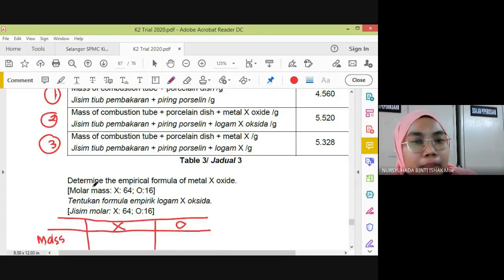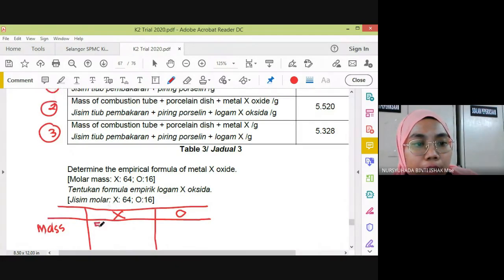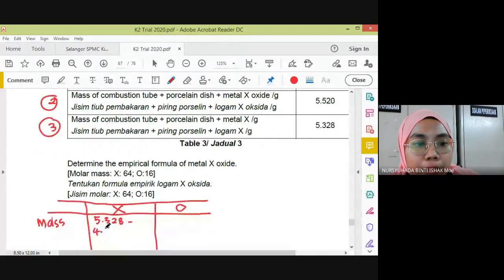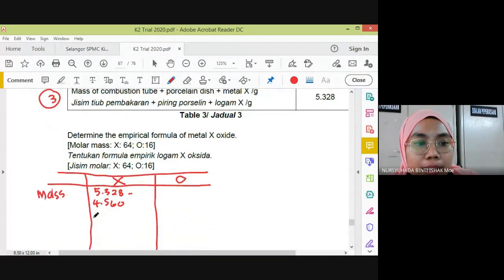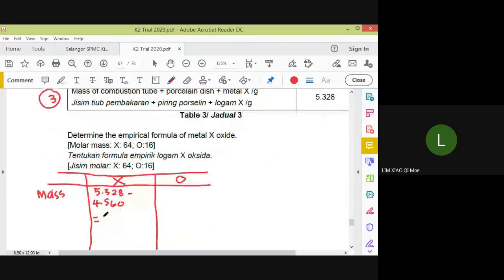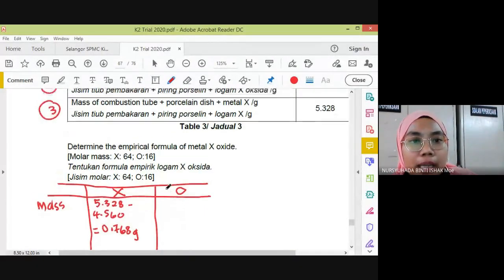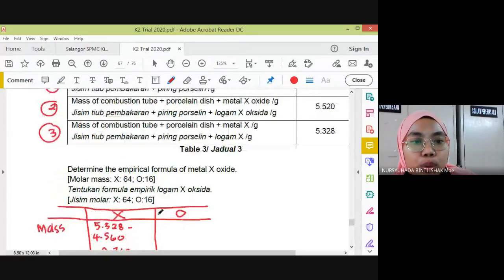Number 3 minus number 1. 5.328 minus 4.560. So the mass is 0.768 gram. For oxygen, we subtract number 2 minus number 3.